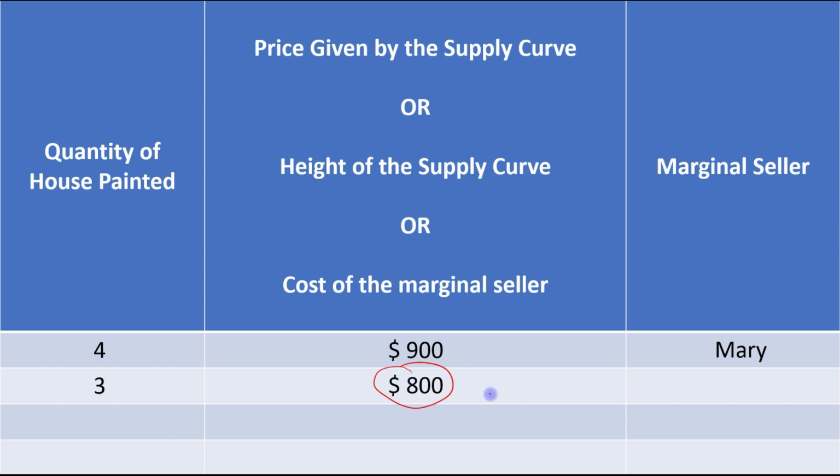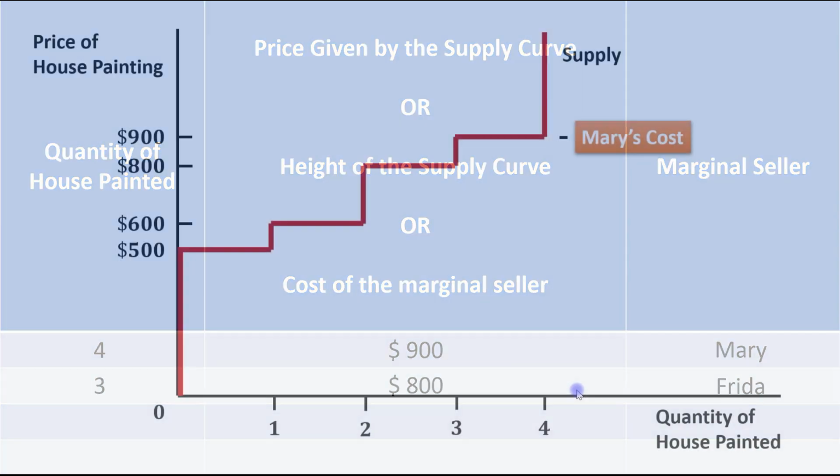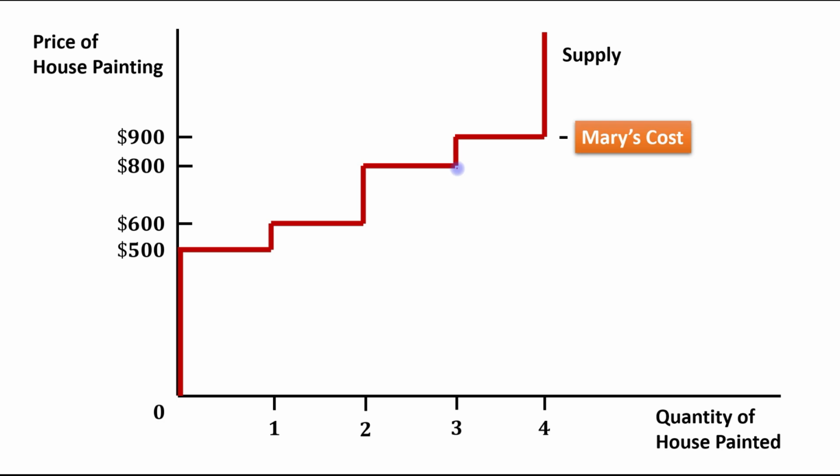And the marginal seller would be Frida, because $800 is the lowest price that Frida would accept for selling her services, and if the price offered to Frida is less than $800, then Frida will be the first one who will leave the market. So in this case, the marginal seller is Frida. And we can write here that this is Frida's cost.